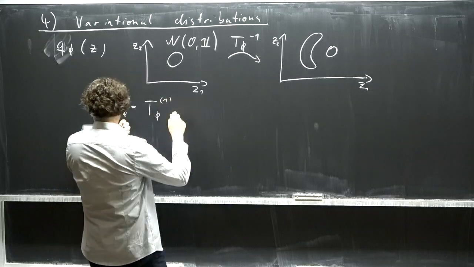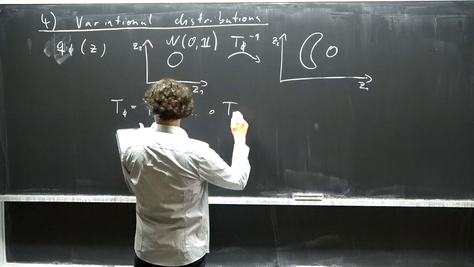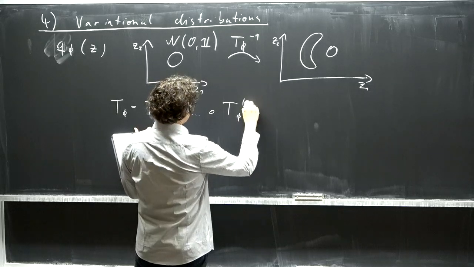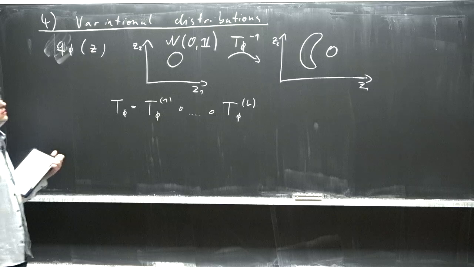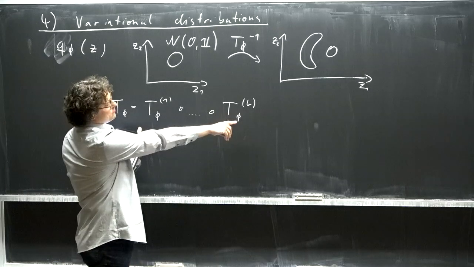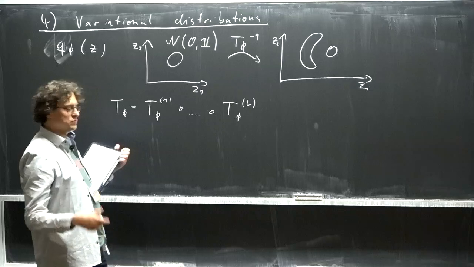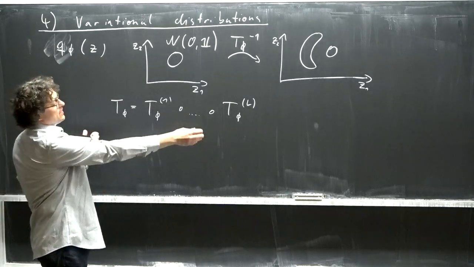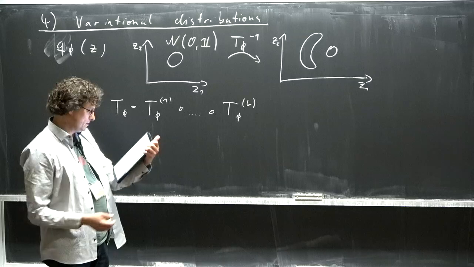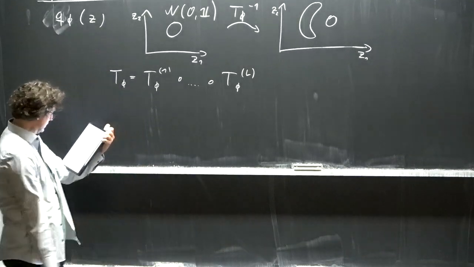So instead of having just one transformation, we have a whole series of them, let's say L. If we have one simple transformation that is invertible and for which we know the Jacobian determinant, and we stack them, they are still invertible, and we just multiply the determinants, and we are happy. So that works well.